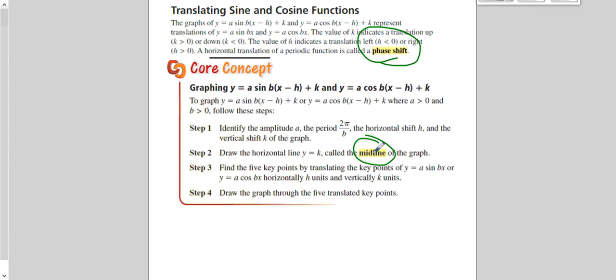Remember, we go middle up, middle down, middle up, middle down, middle up, middle down. We need to know where the middle is. Step 3, find the 5 key points by translating the key points of the other graphs horizontally and vertically. Step 4, draw the graph through the 5 key points.